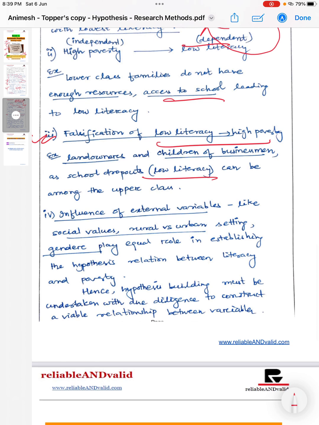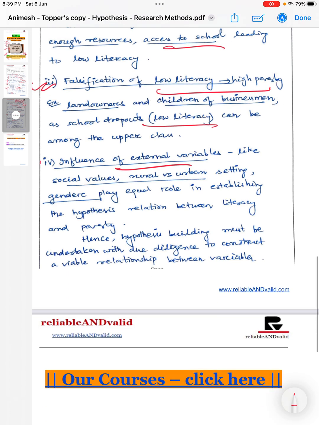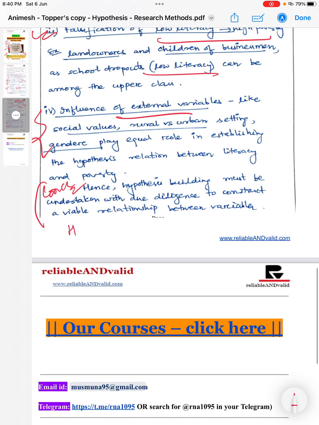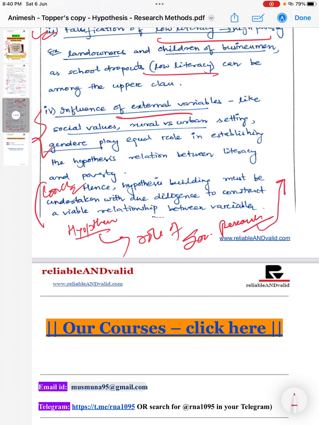Now, influence of external variable, you can shrink this part so that you get extra space for the conclusion part, and in the conclusion part you can mention how caution must be taken while formulating the hypothesis and the role of hypothesis in sociological research, and one step beyond that, ensuring sustainable solution to social problems like poverty and illiteracy.